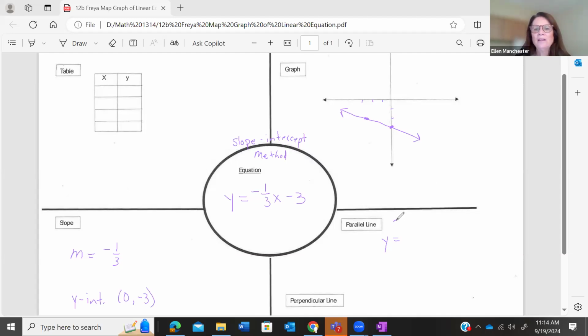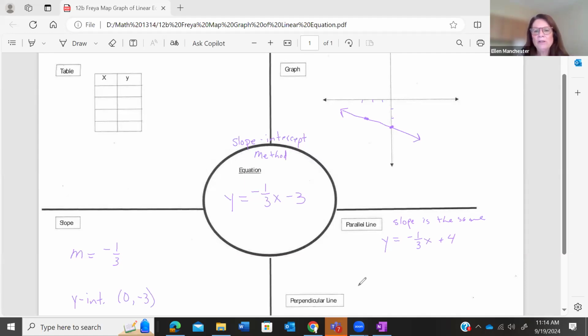So parallel line, slope is the same. So if I wanted you to write an equation of a parallel line, it would be -1/3 x and then plus whatever value you want. Or you don't have to have a value. You can leave it as just -1/3 x, and the y-intercept would be 0.